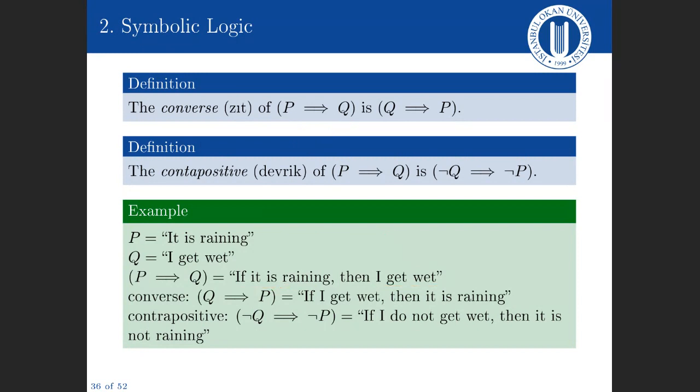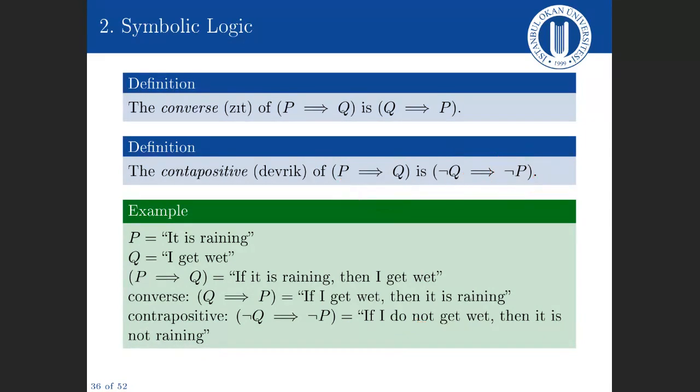Contrapositive means something different. Contrapositive means we don't just swap the positions of Q and P, but we also put not on them. So again, the first part is about getting wet, but there's a not here: if I do not get wet, and then in the second part, then it is not raining. Again, the second part is about it raining, but this time it's about not raining.